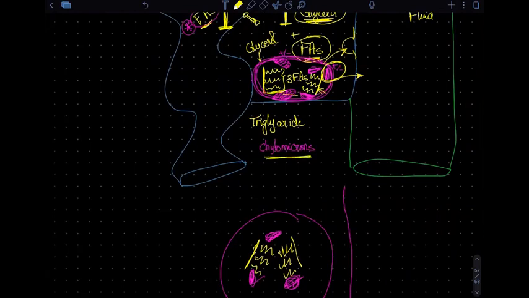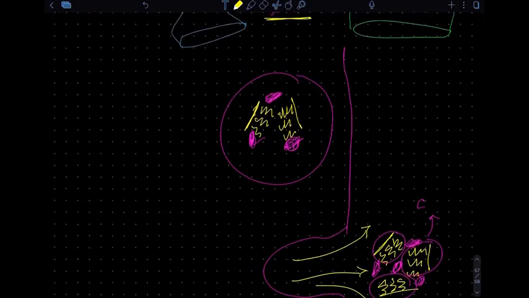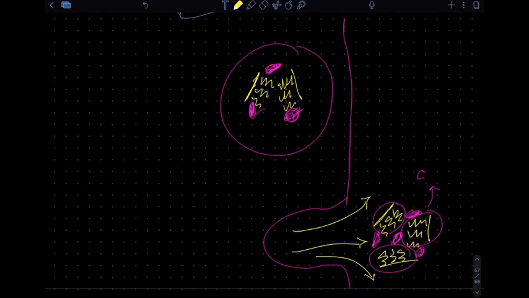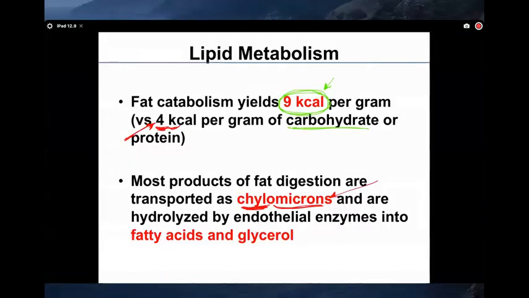And the chylomicron is going to be released out by exocytosis, not directly in the bloodstream, but in the lymphatic vessels, in order for you to reach the blood later on. All right. Questions?